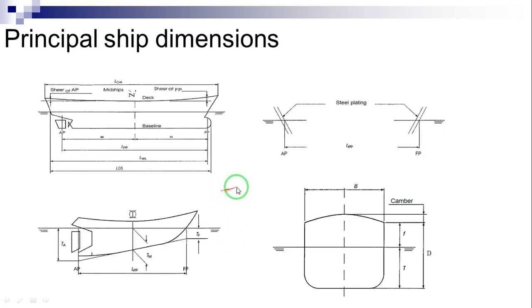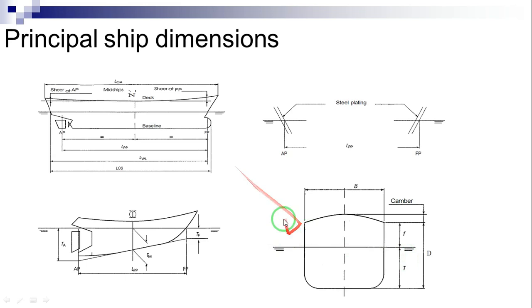Principal ship dimensions. Here we can see several figures showing the details of a ship structure. Starboard means the right hand side of a ship when looking forward. The left hand side of a ship is called port. AP means aft perpendicular. FP means forward perpendicular. T is draft.